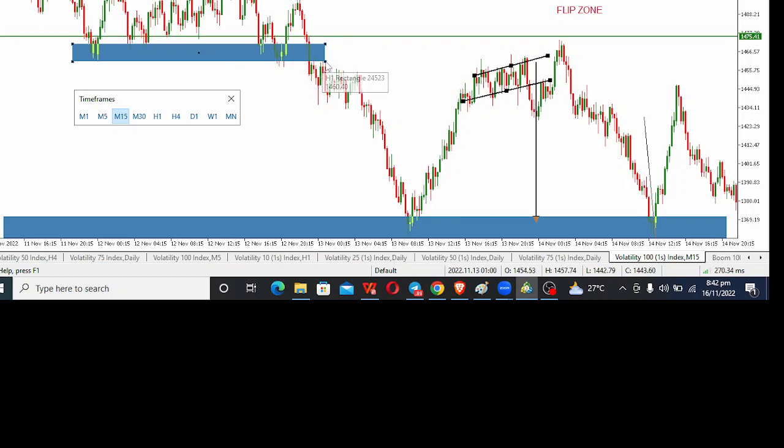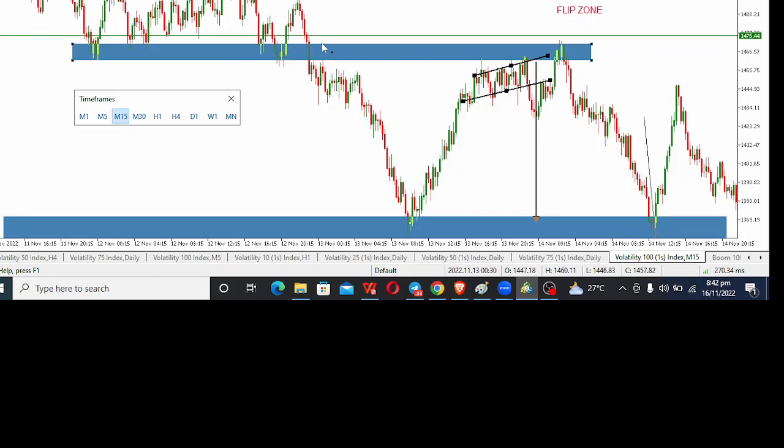So this zone was broken, this zone was broken. Let me just switch it here. So here it was a support, but when it got broken, it became a resistance over here. It's a support here, and then here it's a resistance. That's where we have a flip zone.